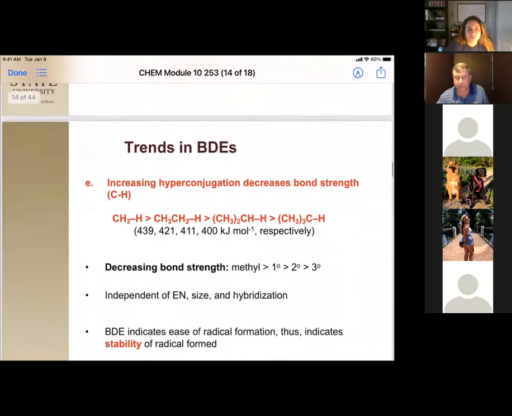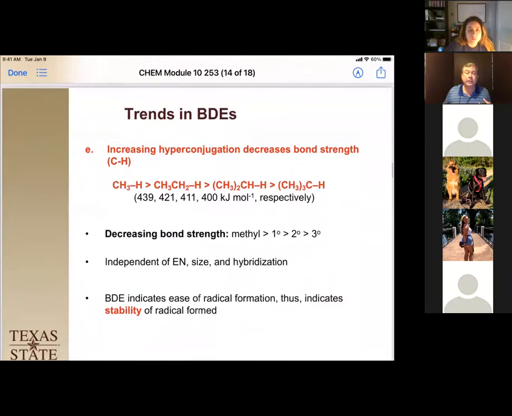Okay. Now, just like in carbocations, hyperconjugation will stabilize that radical, meaning that if you increase the amount of hyperconjugation available, it decreases the bond strength, okay? Which means our tertiary hydrogens are going to be much easier to remove than our secondary hydrogens, and our secondary hydrogens are going to be more easily removed than our primary hydrogens, and our primary hydrogens are more easily removed than our methyl hydrogens, okay?